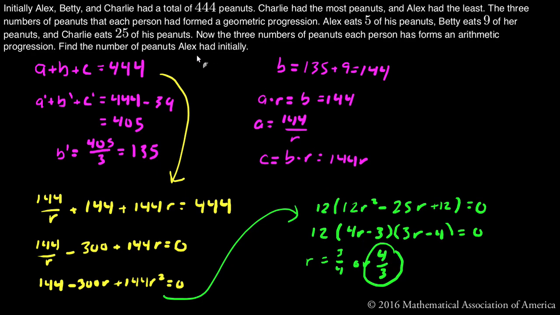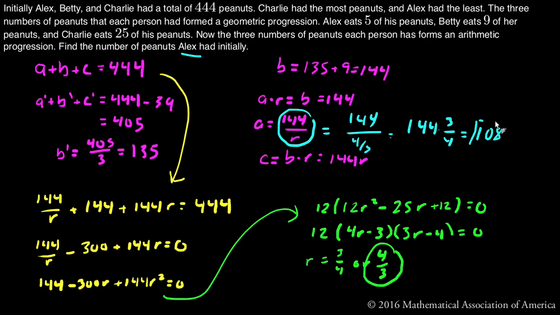To get back to Alex, I need to do 144 divided by R, which is 144 divided by 4/3, the same thing as 144 times 3/4. 144 divided by 4 gives me 36, times 3 gives me 108. So that's how many Alex initially has.